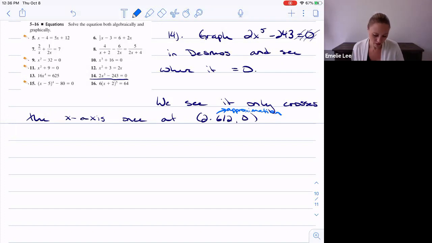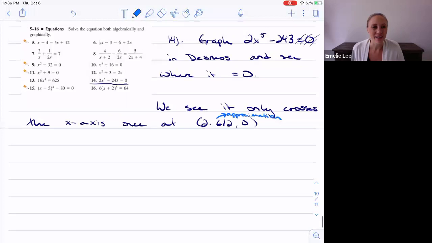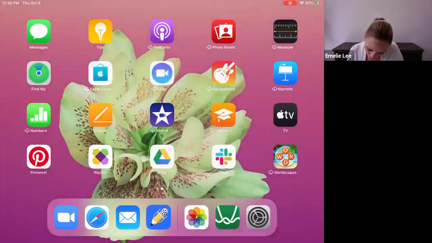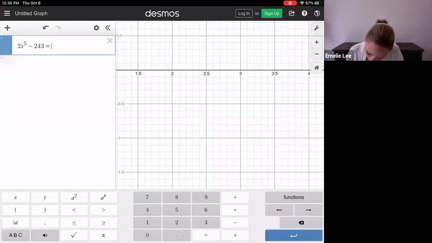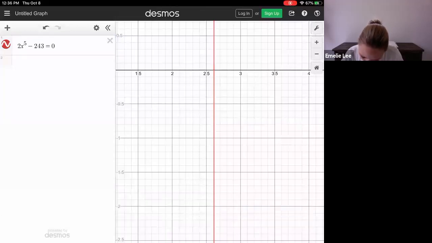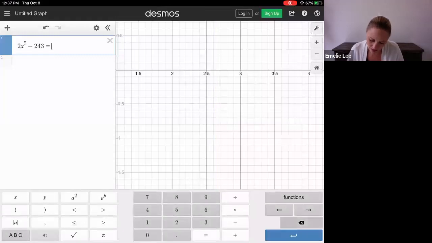So, let's see here. If I include the equals 0, how does it behave? So if I do equals 0, it just does a line. So that's not very useful. Where it becomes useful is if we have inequalities.